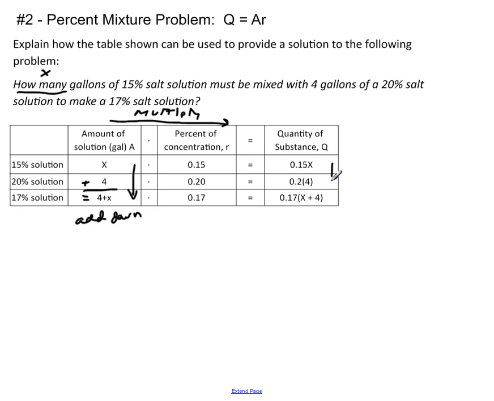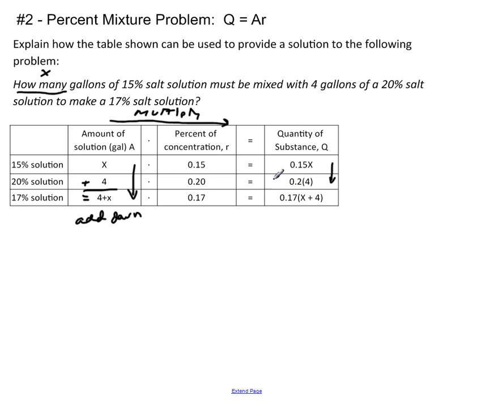The only other column we're worried about over here is our quantity of substance column. And just like in our amounts column, if we say there's a 15% concentration of salt in our solution, we mean that if we take 0.15 and multiply it by the X gallons, we're going to get 0.15X gallons of salt. That's actually how much salt is contained in the solution. If we have 4 gallons of a 20% solution, then we're going to take 0.2 times 4, and that's going to give us the amount of actual salt in our solution.